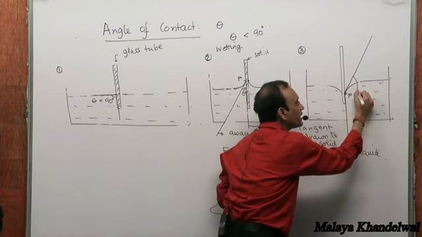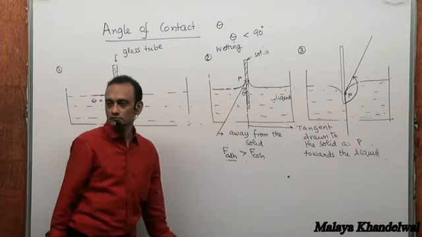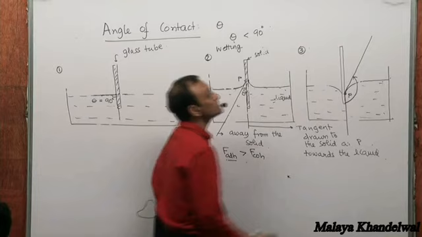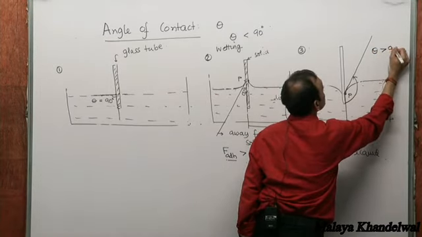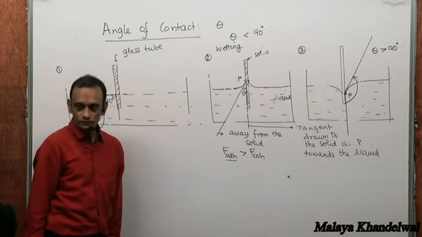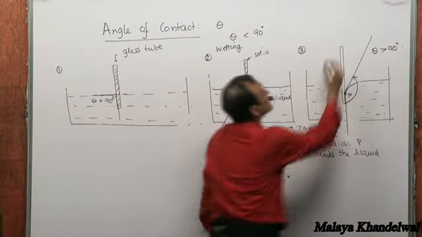Do you realize that this angle then is the angle of contact? So this is theta greater than 90 degrees. The previous was a case of wetting. This we say is non-wetting.